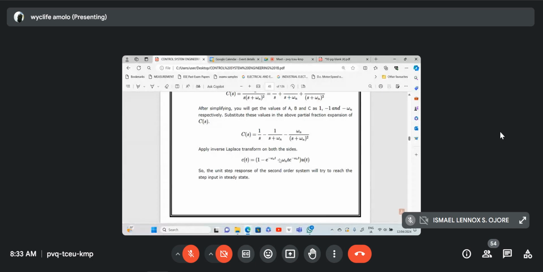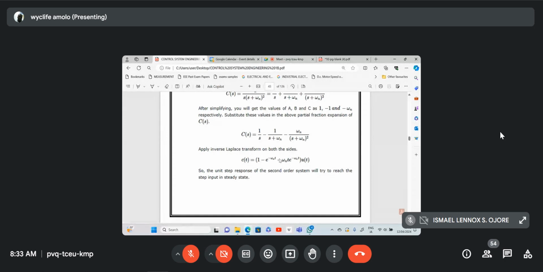So I'm not writing the equation, so can I write it in my book? It is 1 minus e to the minus omega nt, minus omega n t e to the minus omega nt, in brackets, u(t). Good.